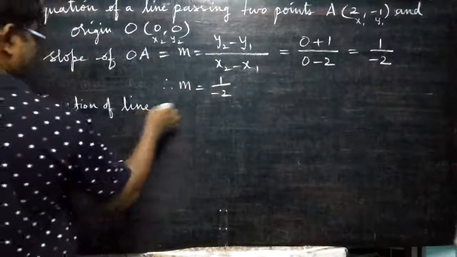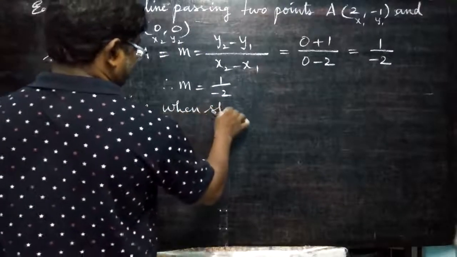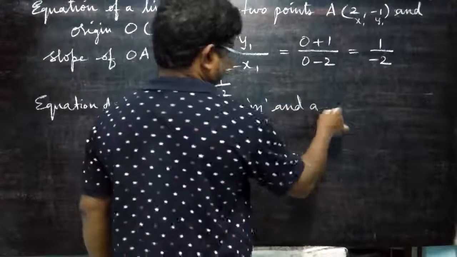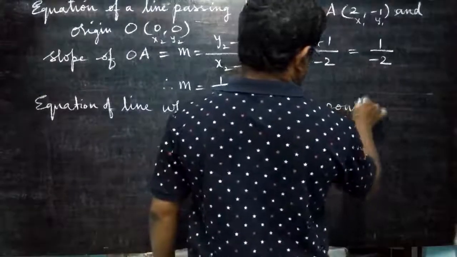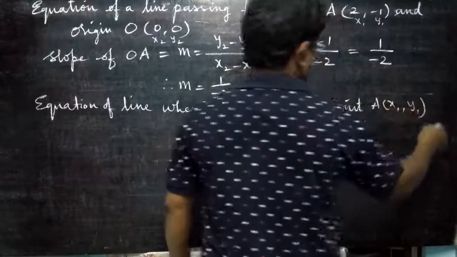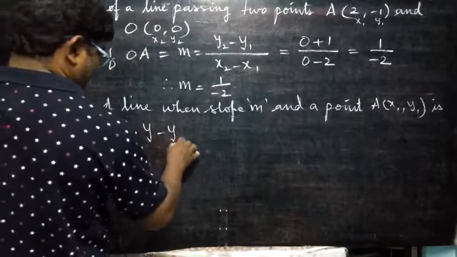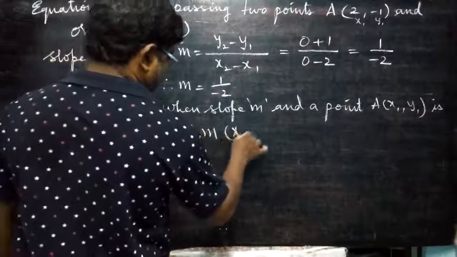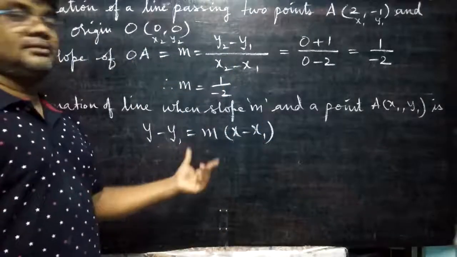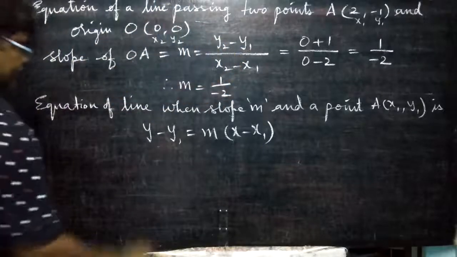So equation of a line when slope m and a point A x1 y1, or you can take O also, is y minus y1 is equal to m into x minus x1. Direct formula is there, in the place of m you can insert this one directly. Writing this directly can do, no problem, that also is correct.